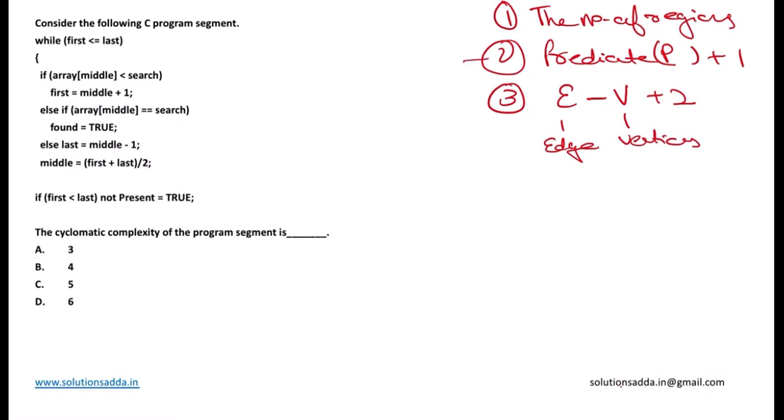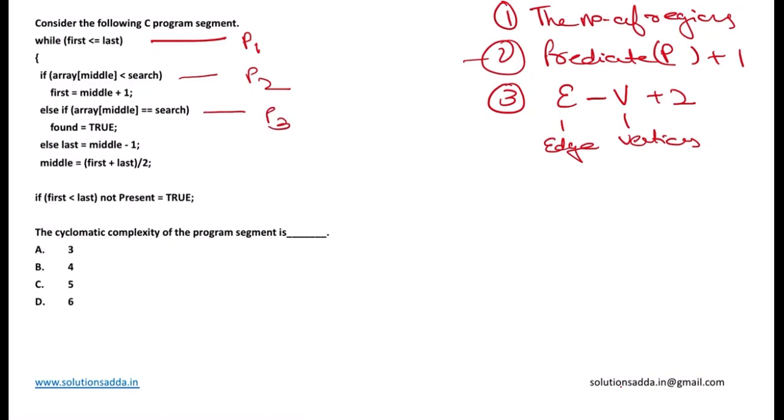The while condition, first is less than or equal to last, forms the first predicate. The second predicate, P2, is if array of middle is less than search. Again, array of middle equals search forms the third predicate.